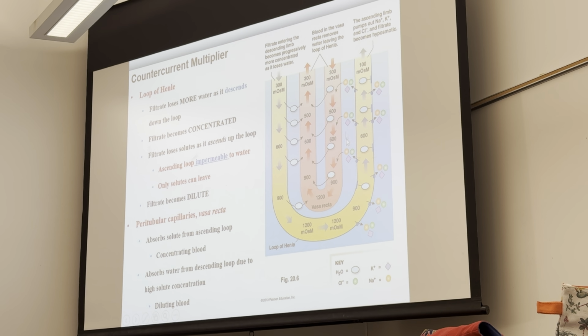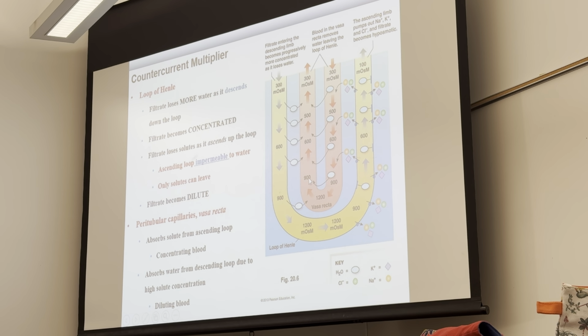Okay, so focus on the descending loop of Henle only, right? And pay attention to osmolarity. More and more, higher and higher osmolarity, right? And it's permeable for water. And right near this, the vasa recta is bringing the blood with the highest osmolarity.